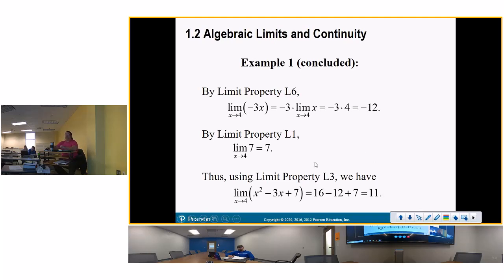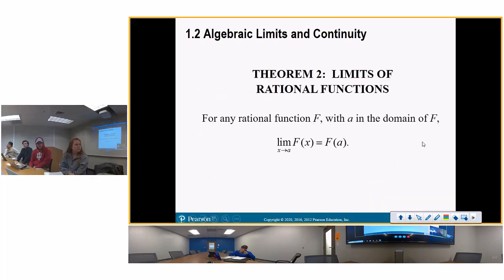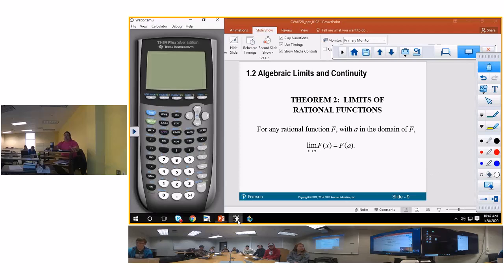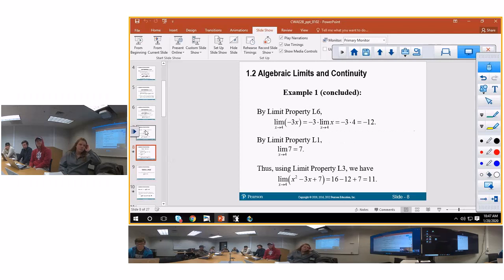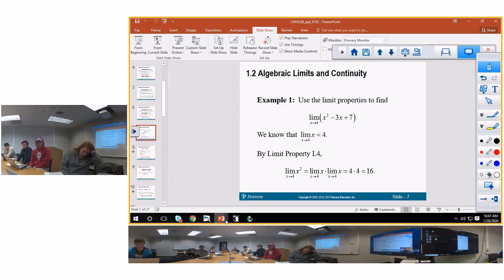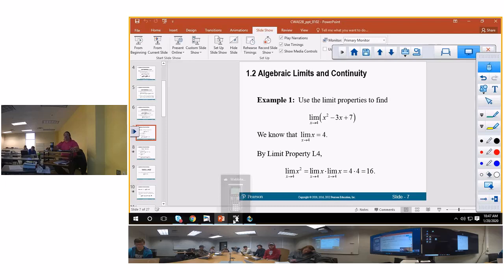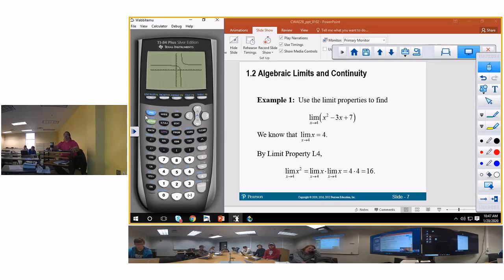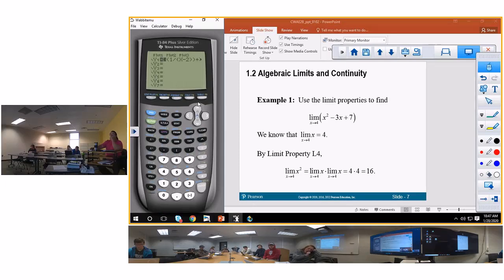Or you can take your handy-dandy calculator and type in y is equal to x squared minus 3x plus 7.